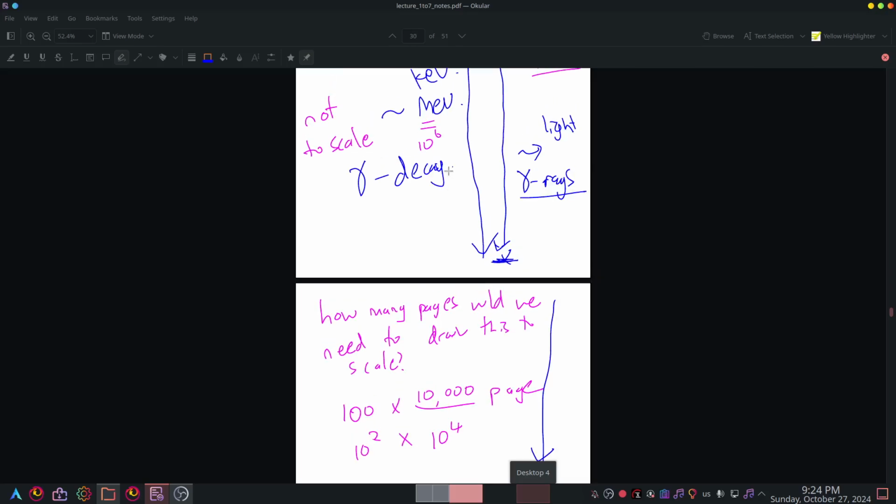Over here I only have another 20 pages of white space, so I would need about 500 PDFs like this just to draw this energy to scale.